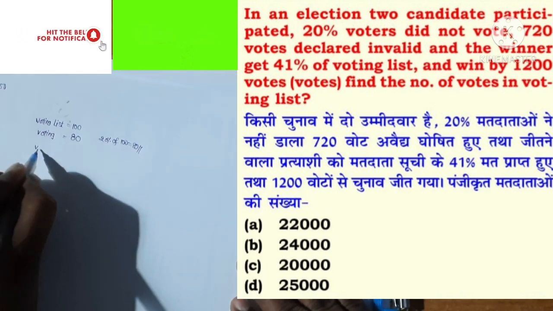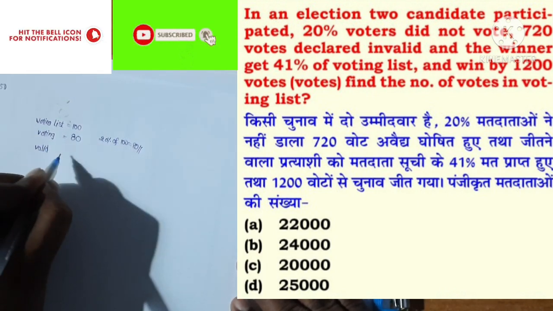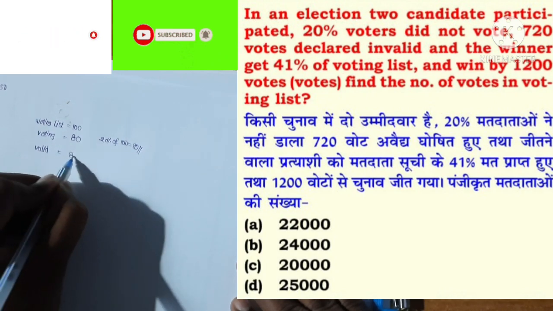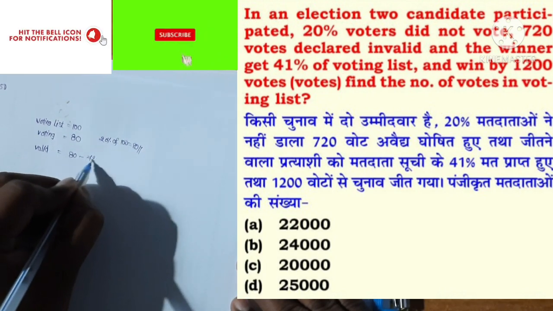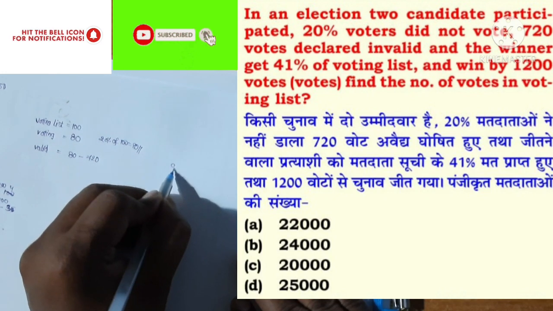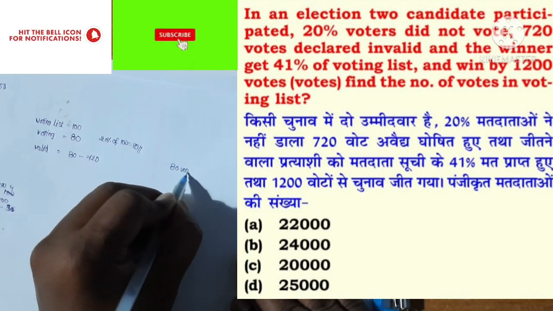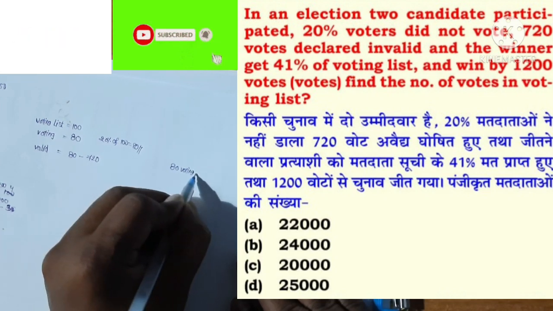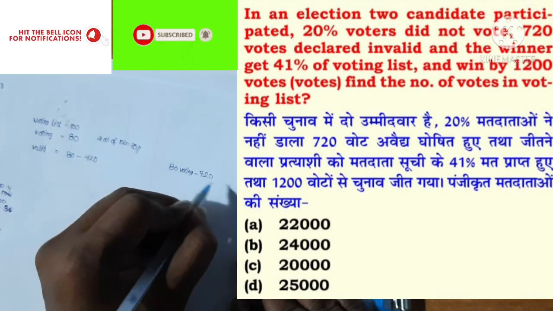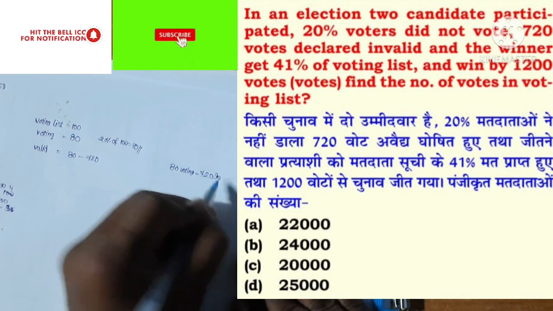So valid votes is 80 minus 720. Here 80 is voting, so minus 720, where 720 is invalid votes.